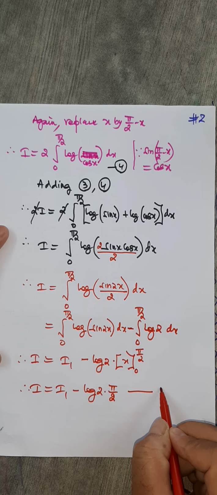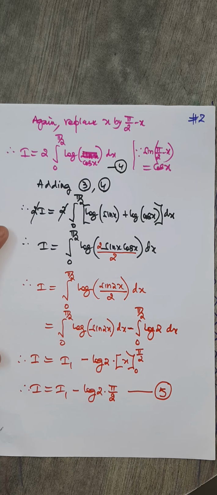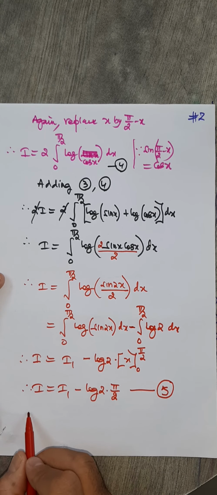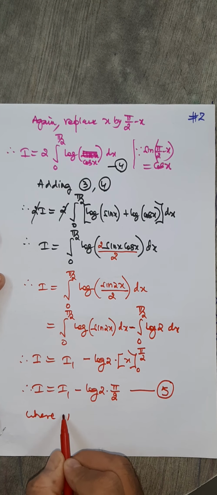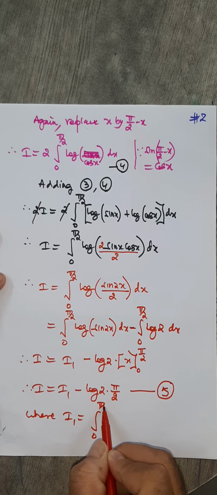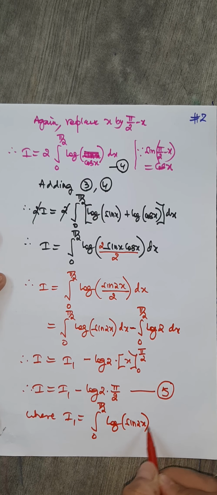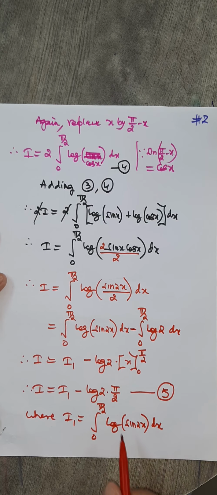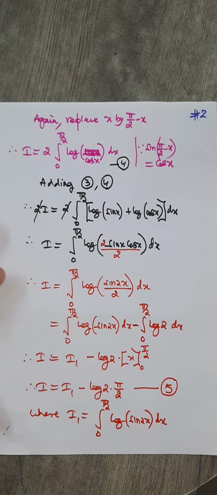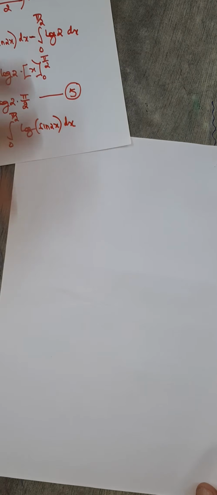Call this equation number 5. We keep this aside and find I1, where I1 is integral 0 to pi by 2 of log of sin 2x dx. We evaluate this and place it in equation number 5. So for the evaluation of I1, let's do it like this.